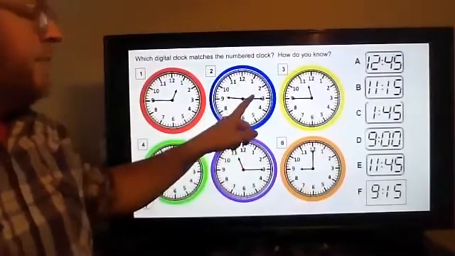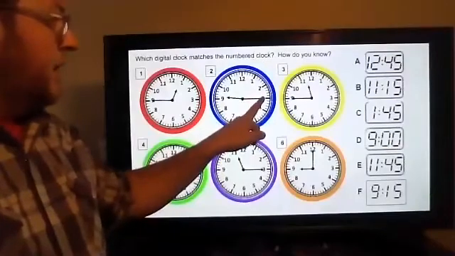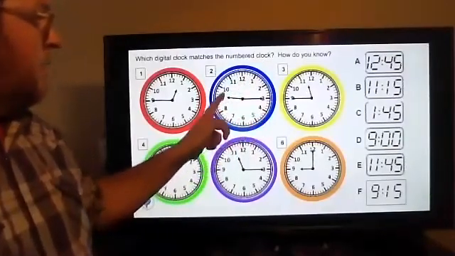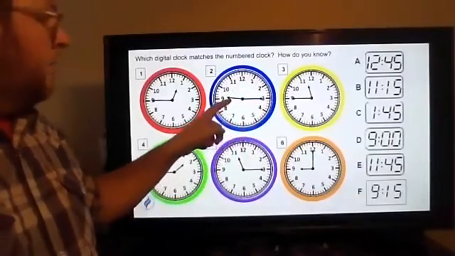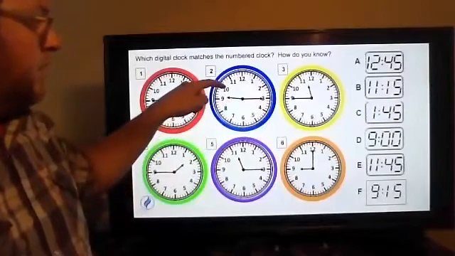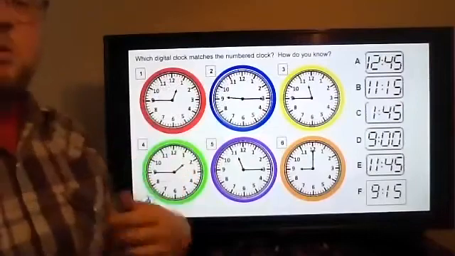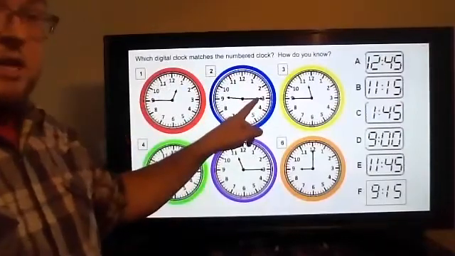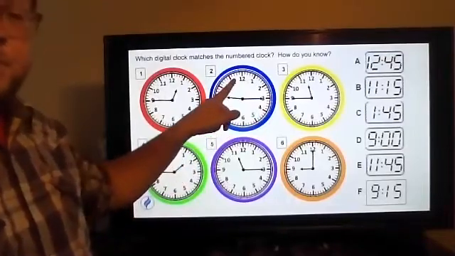So for every full rotation of our long minute hand, when it goes from 12 all the way around back to 12, this hour hand moves only one section, from 9 to 10 or 10 to 11, and so on and so forth. So for every rotation of this hand, the hour hand only moves a little bit, okay?